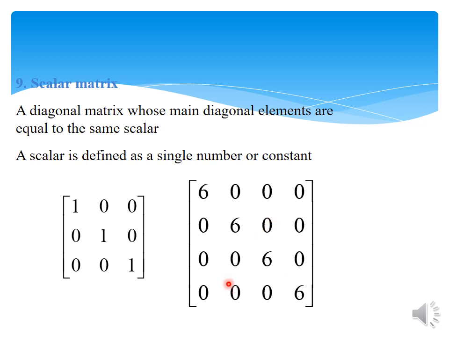All the elements in the main diagonal are the same, but all the other entries are 0. So what is the difference between the identity matrix and the scalar matrix? Students, in an identity matrix we only have 1 in the main diagonal, but in a scalar matrix any constant number can be in the main diagonal, but all the diagonal entries are the same. That is the difference between the identity and scalar matrix.